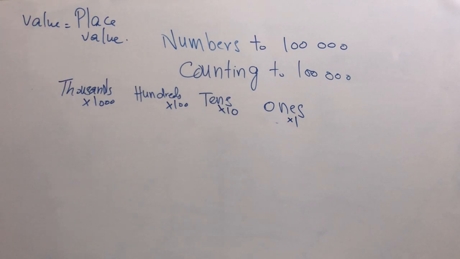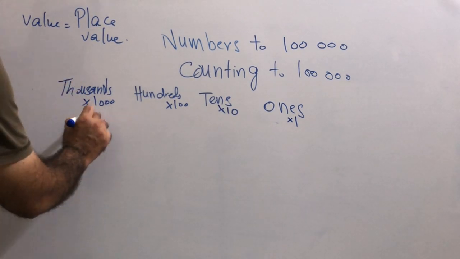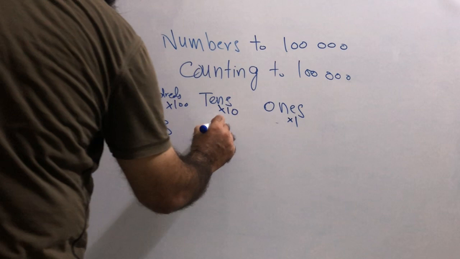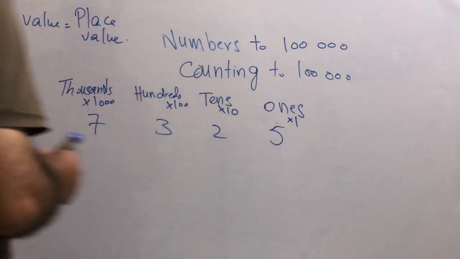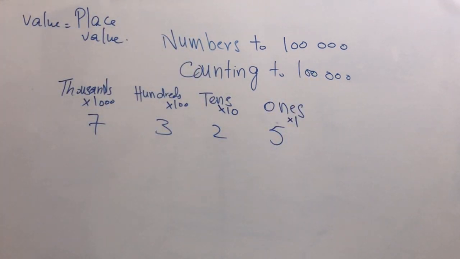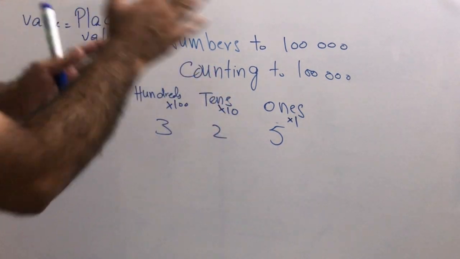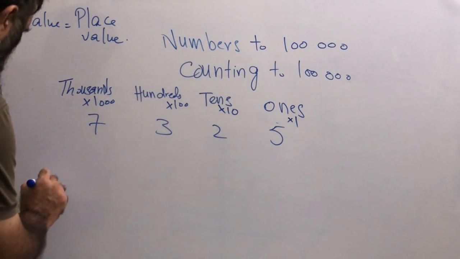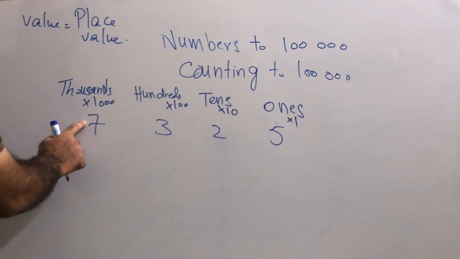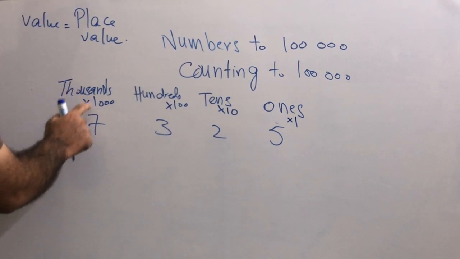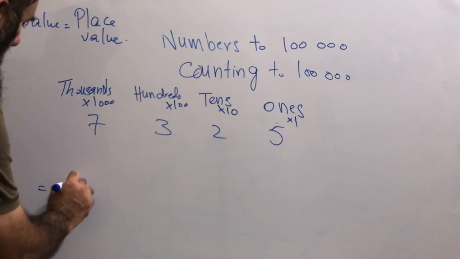Now we need to do another thing. Let's suppose we have this number with us. Here we will find the place values of all the digits and we will put a plus sign, and this number can be written in that way. How? I know that 7 is coming under 1000. 7 into 1000 is 7000. Put 7000.